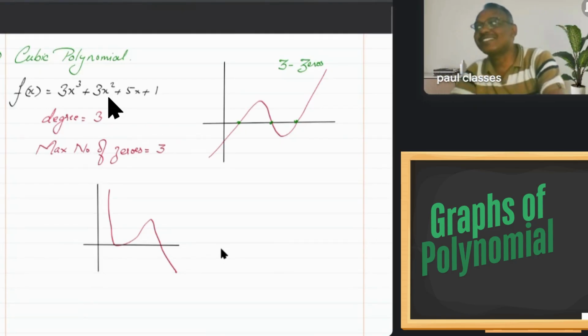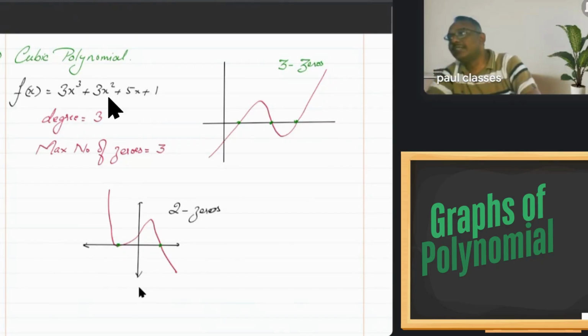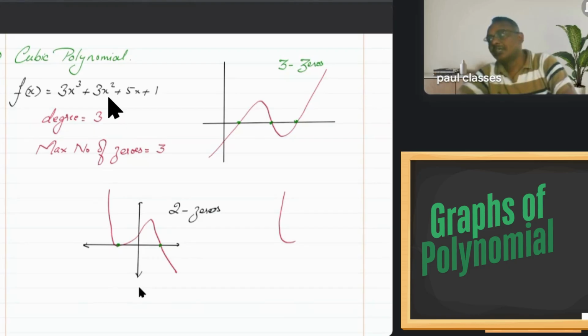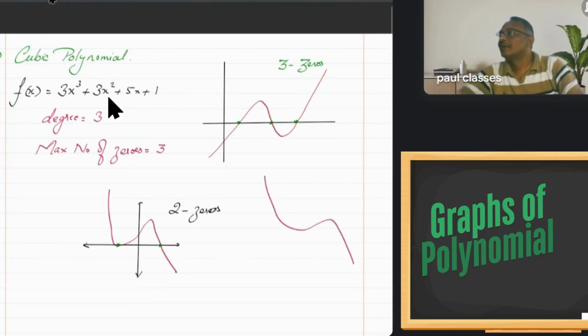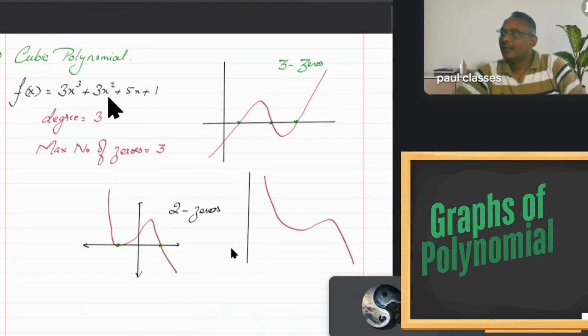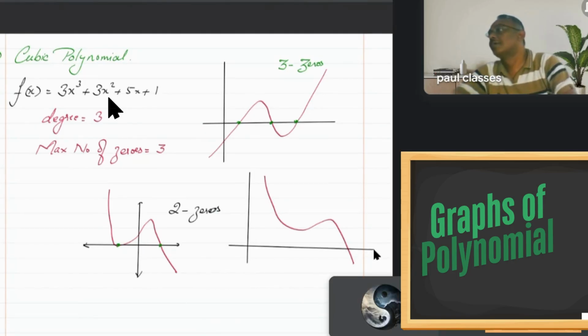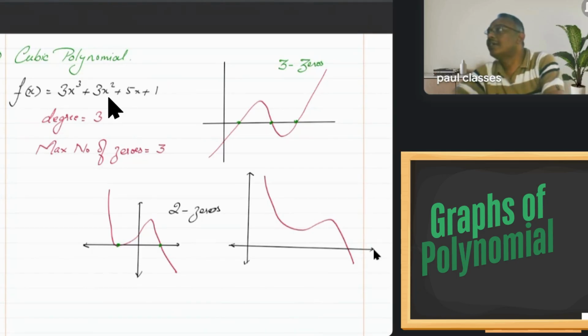So this particular graph can be like this also. Now, how many times is it intersecting? Only 1 time. So I'll say there is only 1 zero.